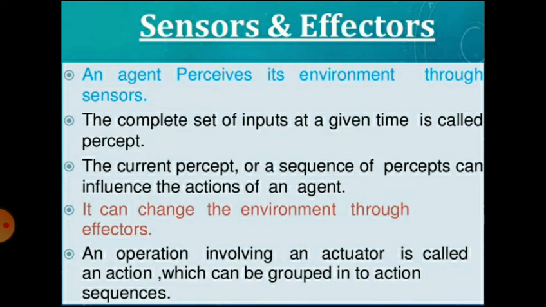The complete set of inputs at a given time is called a percept. The current percept or a sequence of percepts can influence the actions of the agent. It can change the environment through effectors. An operation involving an actuator is called an action, which can be grouped into action sequences.